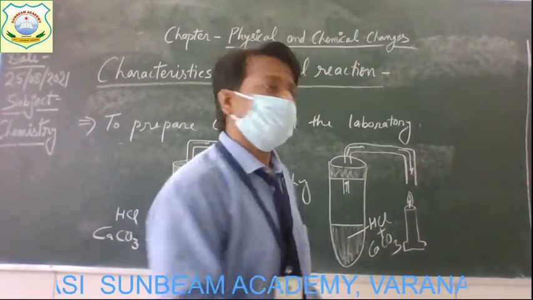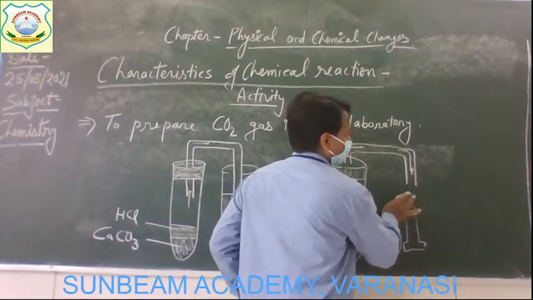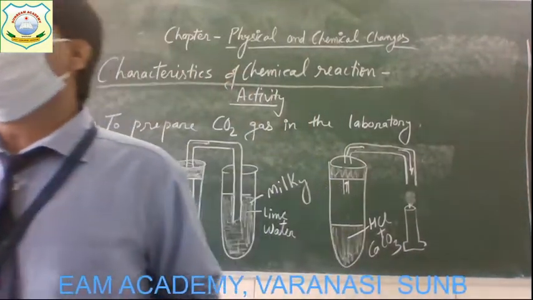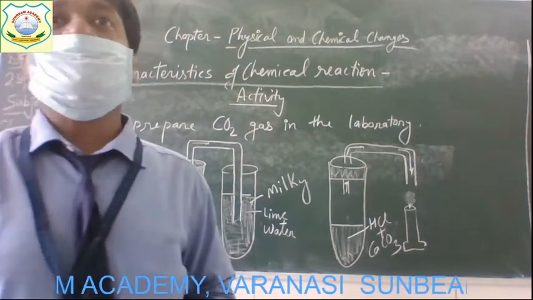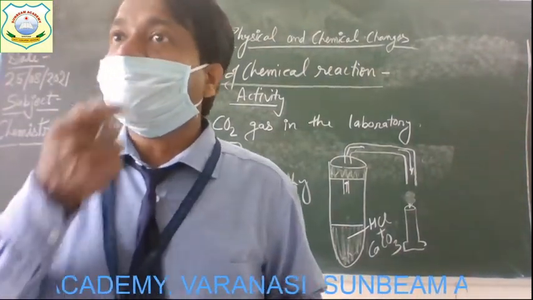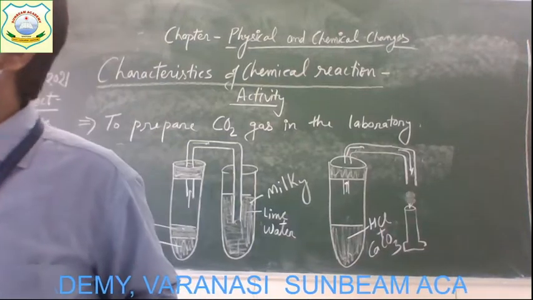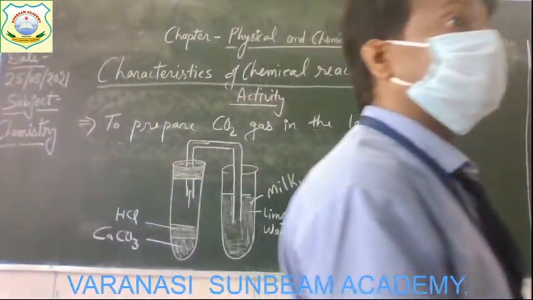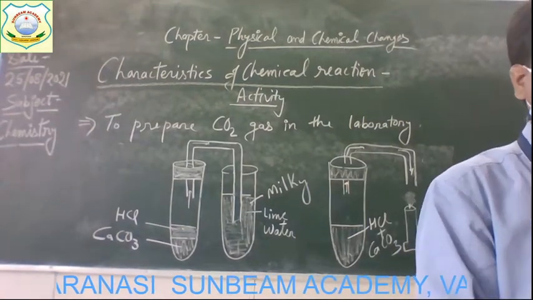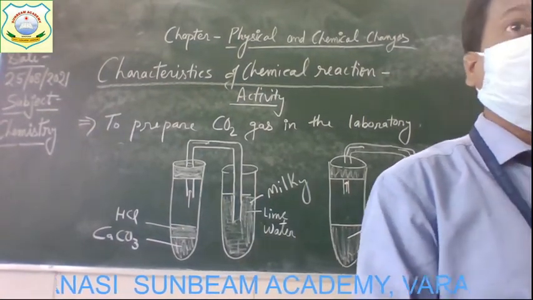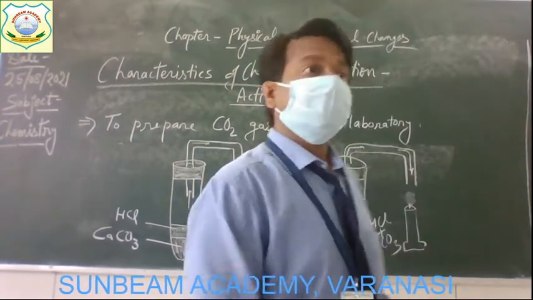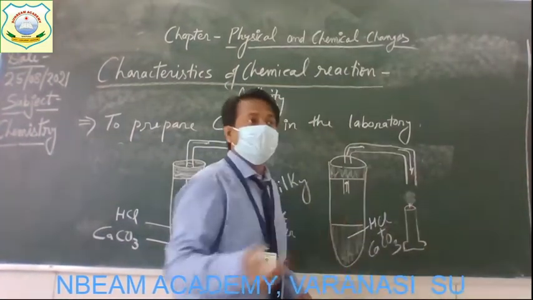It gets extinguished. Why does the flame get extinguished? Because of the carbon dioxide gas. Because carbon dioxide gas does not allow burning. It is responsible for extinguishing the flame. Understood now? That is why the flame of the candle gets extinguished.